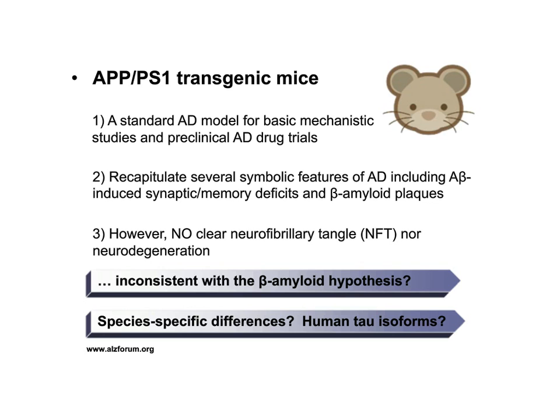adult mouse does not express the 6 different human tau isoforms, which are very important for tau tangle pathologies. And studies have even shown that endogenous mouse tau protein seems to interfere with the aggregation of human tau protein. So if that is the case, can we see tau tangles in human neuronal models?